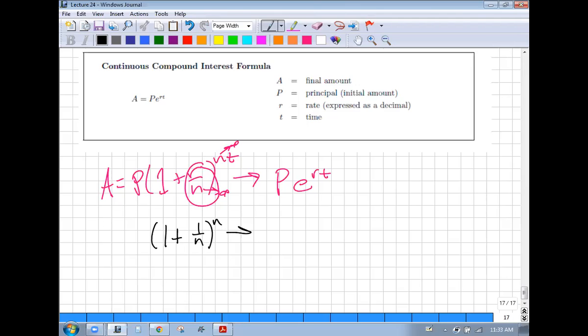That goes to e. It turns into e as n goes to infinity. Now this has r's and t's, and that's why you end up with an r and a t here.